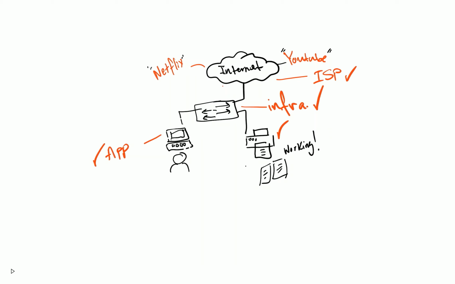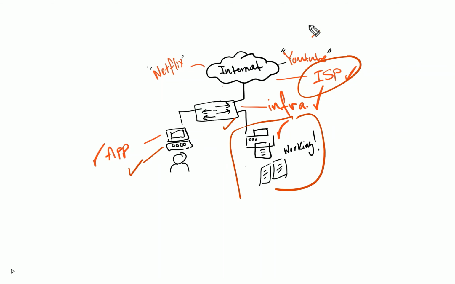After I got this information from the DHCP server, if I have a PC that's configured correctly, if I have the right infrastructure, if I have the subscription to the internet service provider, then you will be having those things working.